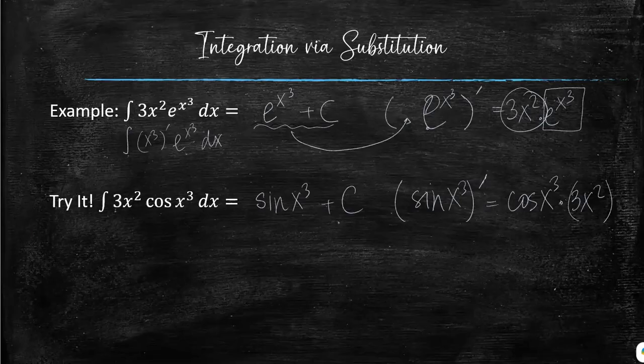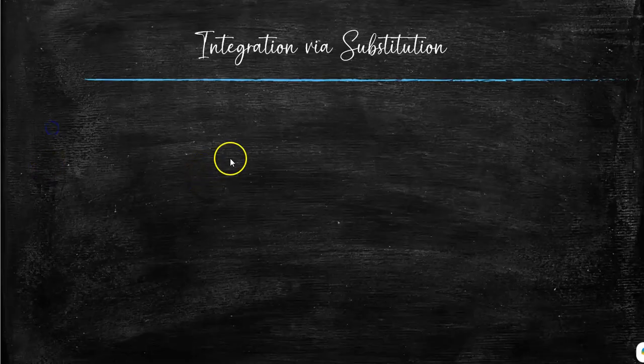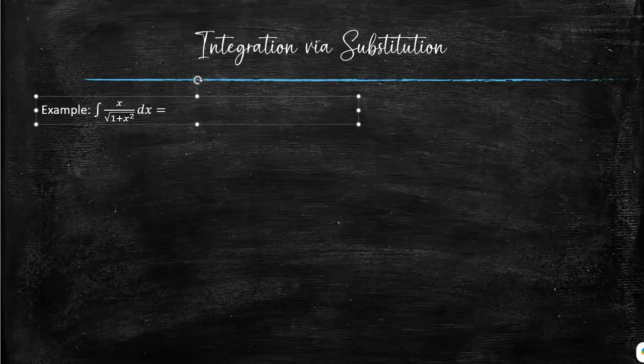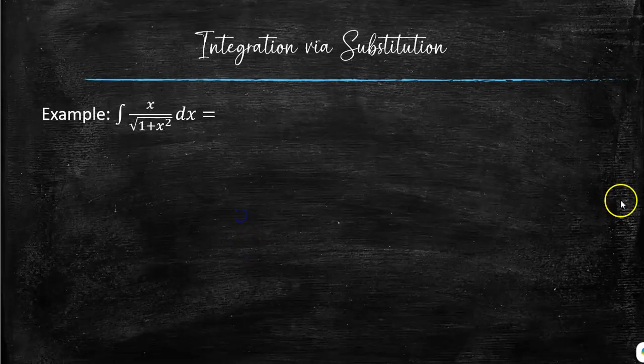Similarly, let's do the next problem. We're going to spend the whole lesson doing this, so you need to be good at applying the chain rule for sure. We'll do this example first, and what do you think the answer is?